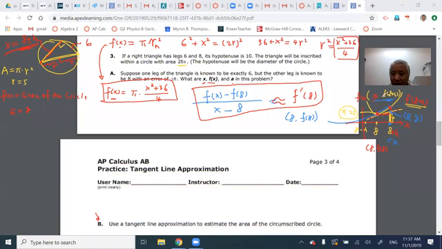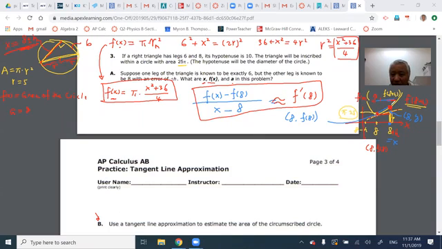Then the function value will be f(x) at this point. So you use these points to find the slope: y2, that's f(x), minus y1, that's f(8), over x2, that's x, minus the x coordinate of this point, which is 8.